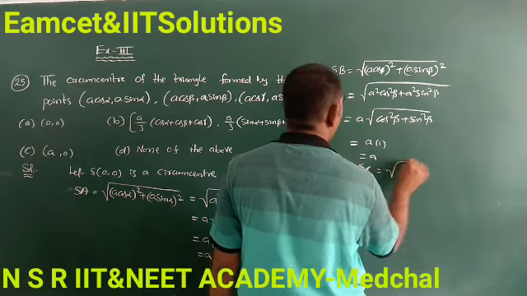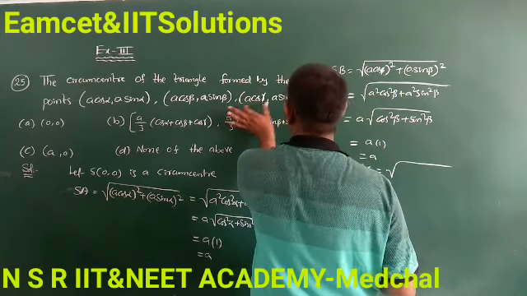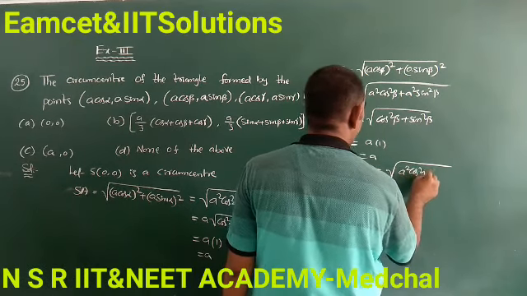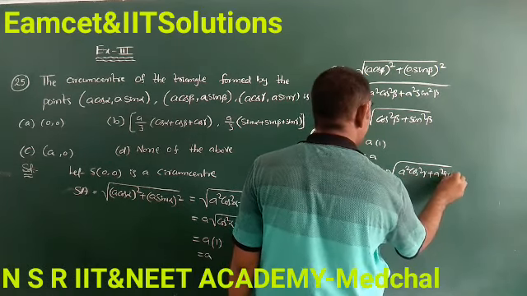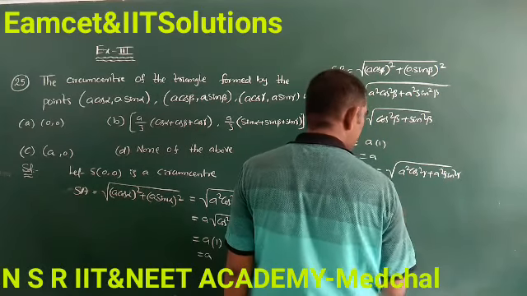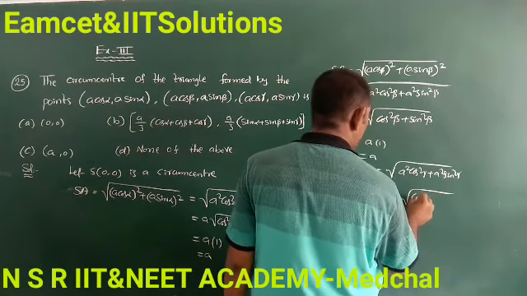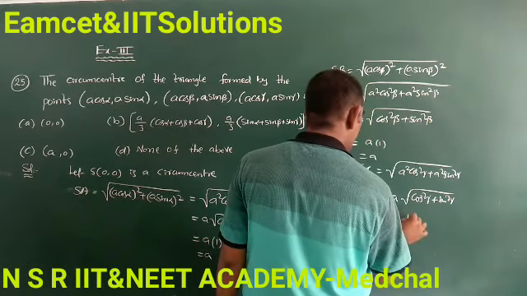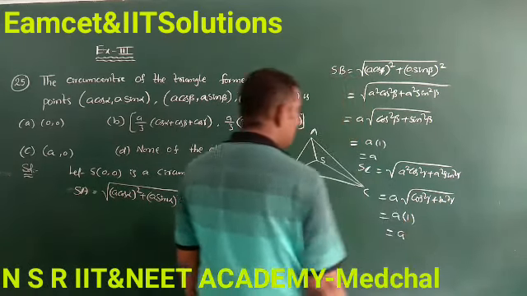Similarly SC, so a cos gamma, a sin gamma. So we get square root of a square cos square gamma plus a square sin square gamma. Take a as common. So square root of cos square gamma plus sin square gamma, which is 1, we get equal to a.